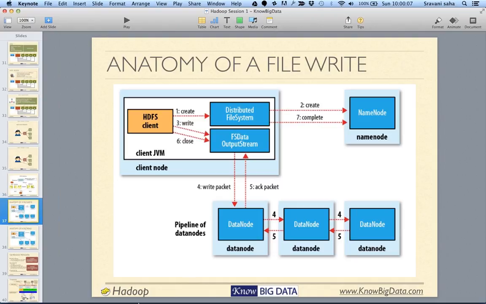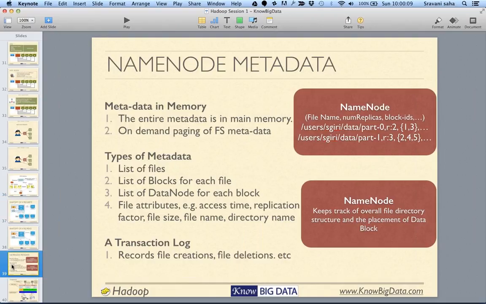All right. Good. Now, what does the name node contain as metadata? Metadata is data over data, and the kind of data it stores is, one, the metadata in memory. The entire data is in memory: what are the folders, what is the replication factor, and so on.